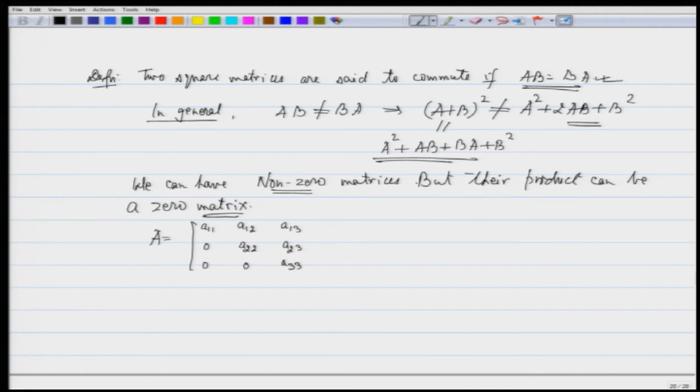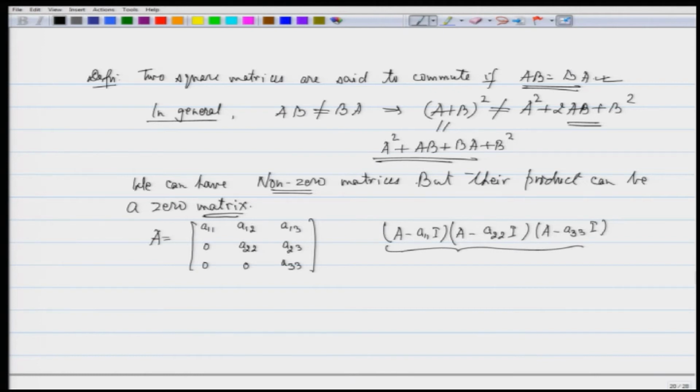I want to look at the product of A minus A11 times identity, A minus A22 times identity, and A minus A33 times I, and see what this product is.